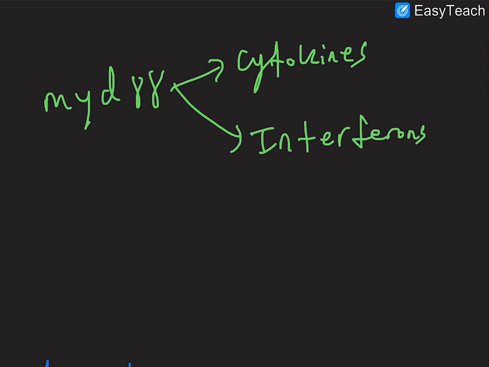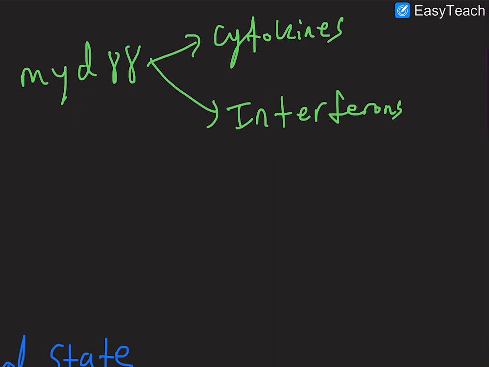But what will also happen, since it's a dendritic cell or a macrophage, those are antigen presenting cells, right? So if we're talking about a dendritic cell, for example, not only would it lead to the release of cytokines and interferons, it would also present the viral particles, if we're talking about HSV in this case, to our CD8 T cells to activate them.